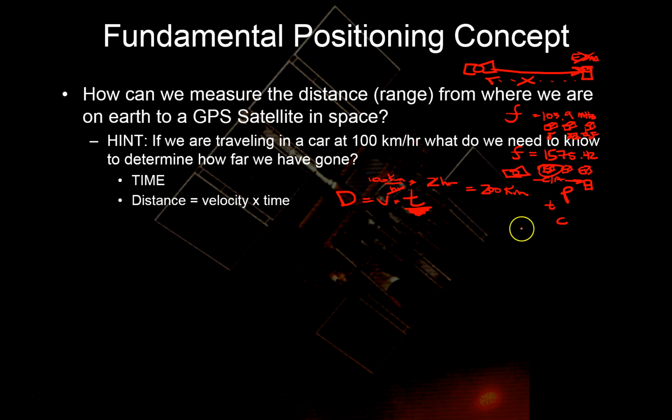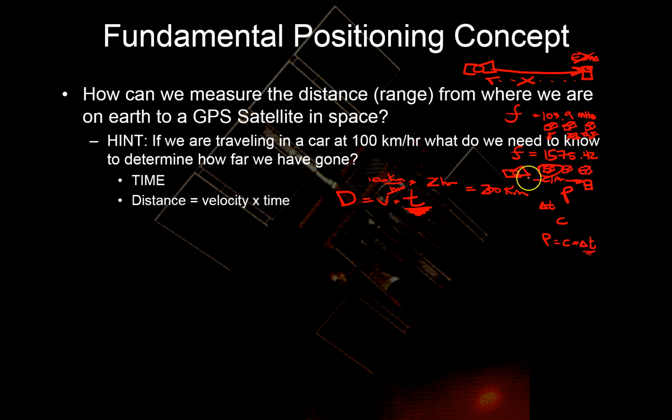So we can simply say that P, our range measurement, or more politically correct, our pseudo-range measurement, is equal to c times, we don't call this t, we call it delta t, which stands for what we call the transit time. That's how we determine this range, by fundamentally measuring the transit time, how long it took this CA code packet to get from the satellite to the receiver.